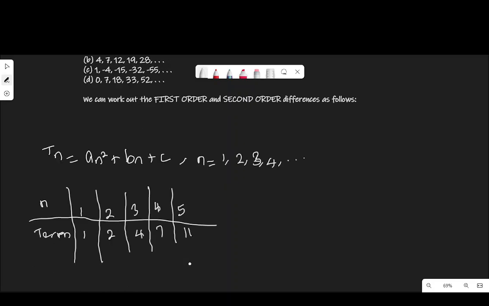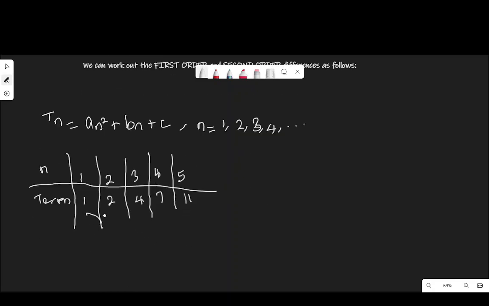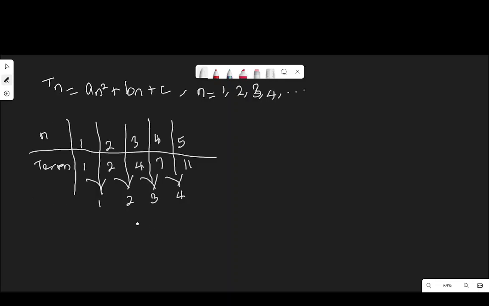So taking their differences now, 2 minus 1 is 1, 4 minus 2 is 2, 7 minus 4 is 3, and 11 minus 7 is 4. That is the first order difference.